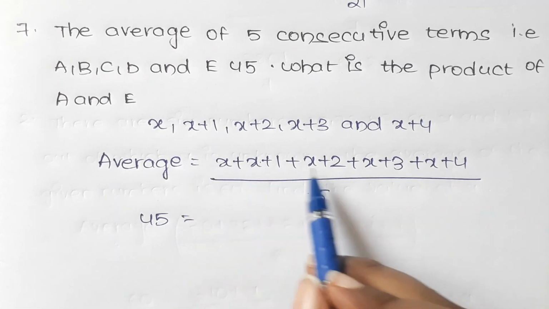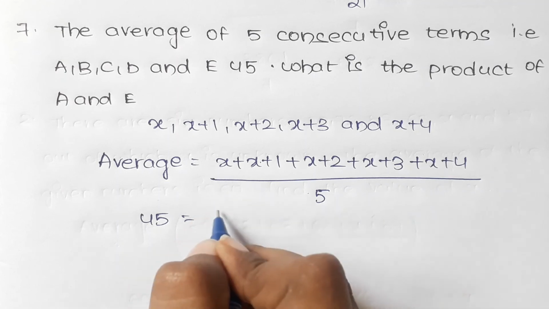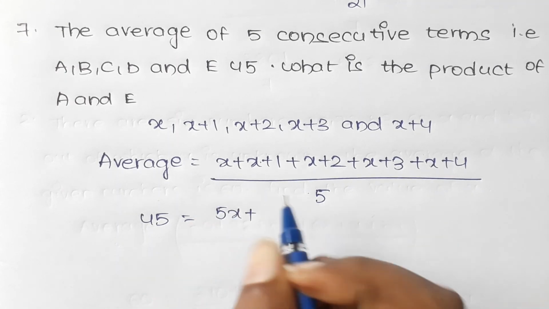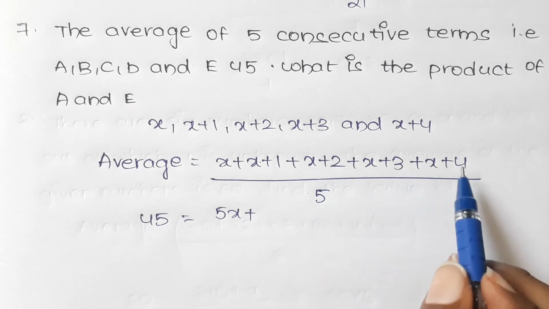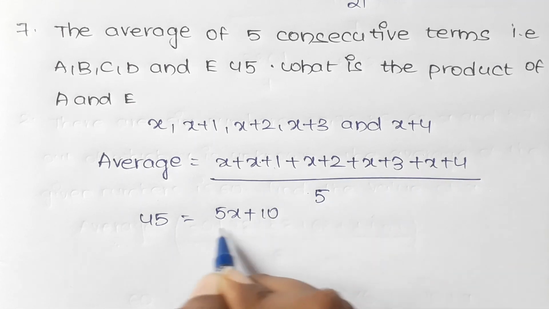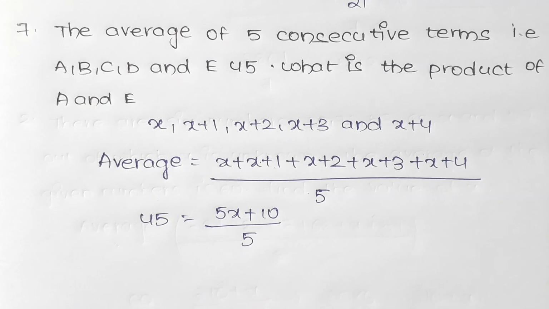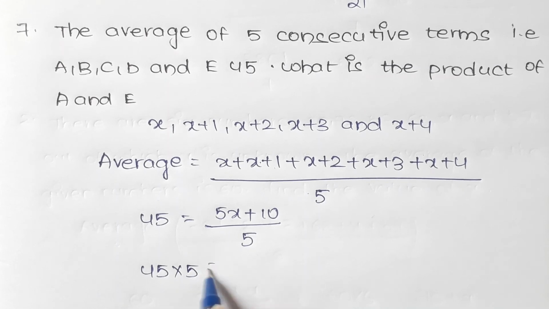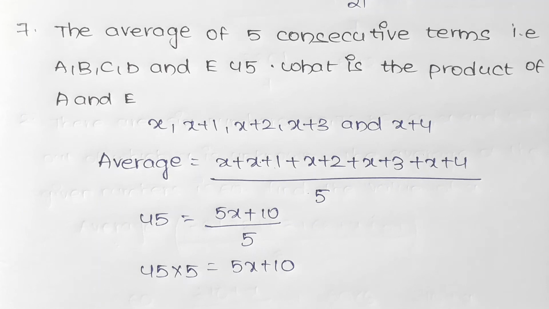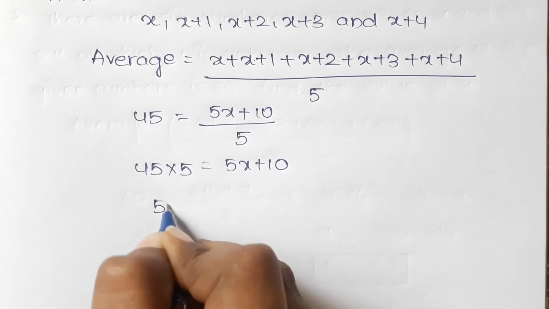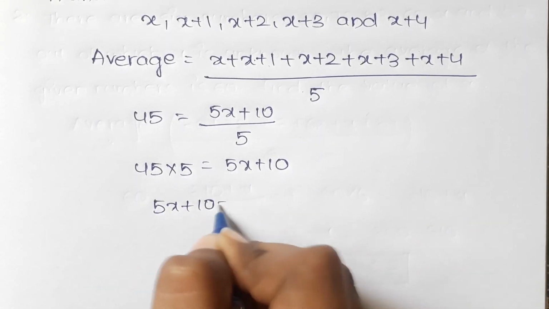Here 1, 2, 3, 4, 5: 5x plus 1 plus 2, 3, 3 plus 3, 6, and 6 plus 4, 10, divided by 5. 5x plus 10 by 5. Now 45 into 5 equals 5x plus 10.